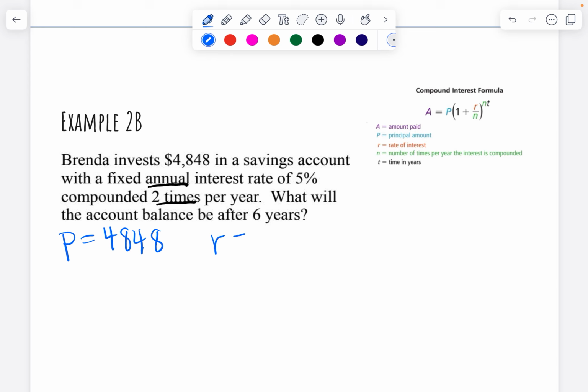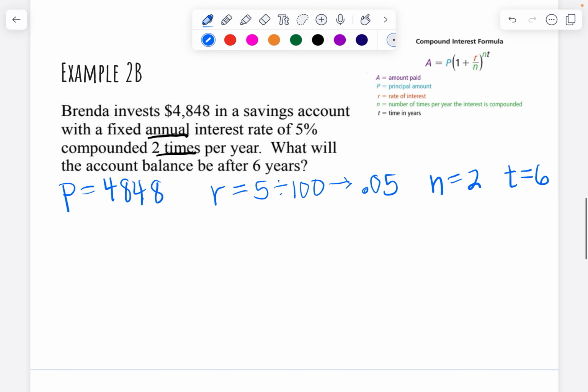The rate is 5%, so I'm going to do 5 divided by 100, which is 0.05. N, it says it's compounded twice per year, so n is 2, and they want to know the balance after 6 years, so t is 6, and we need to know n times t for our formula. 2 times 6 is 12.